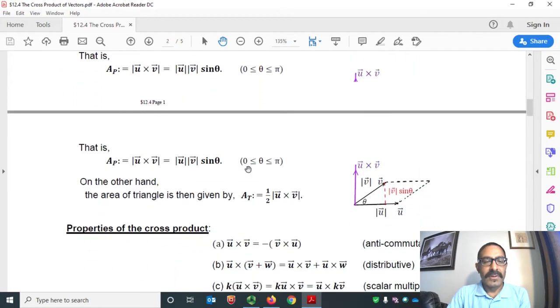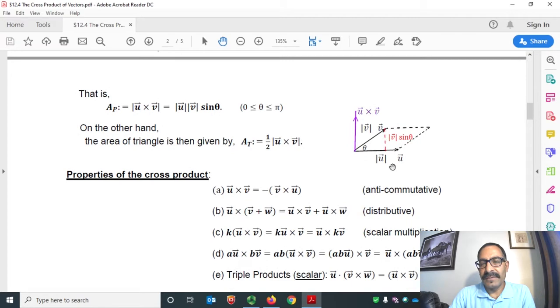So the area of the parallelogram equals the magnitude of u cross v, which equals the magnitude of u times the magnitude of v times sine theta. So the picture is here: the area of this parallelogram is the magnitude of this u cross v vector.